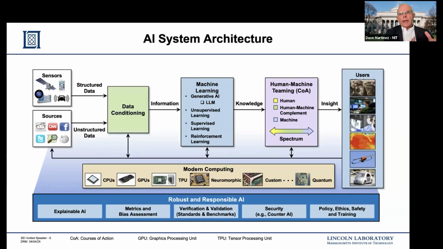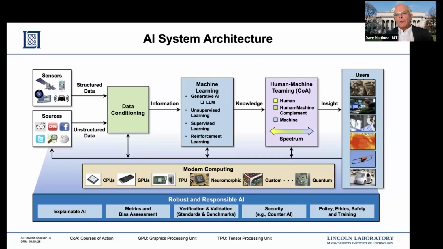Data conditioning is taking MRIs, X-rays, CAT scans, and so forth, and conditioning the data so it's properly cleaned up, so that it can go into a machine learning technique such as a CNN, like the computer vision neural networks. The machine learning is then used to extract that knowledge: yes, that person might have cancer in this particular part of the lungs or other parts of the body.